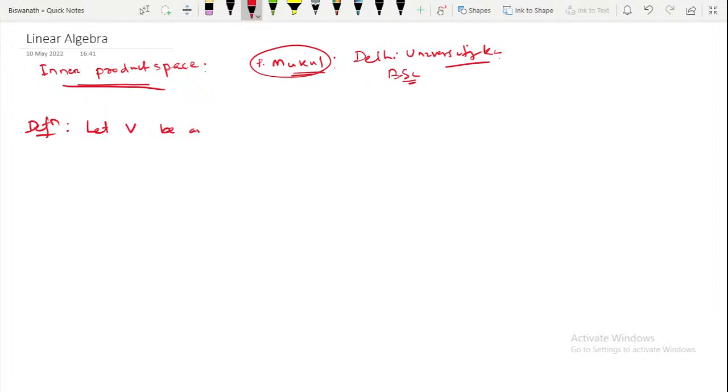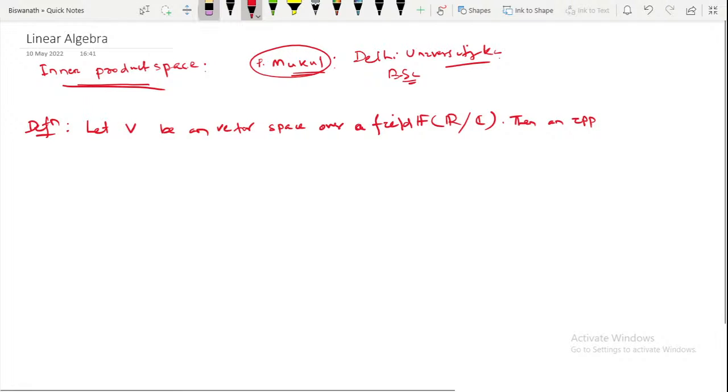Let V be a vector space over a field F, and that field F may be the set of real numbers or the set of complex numbers.